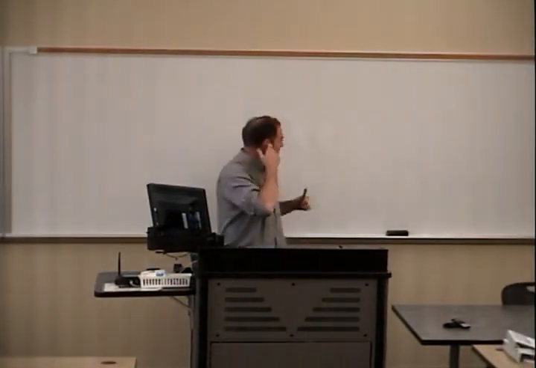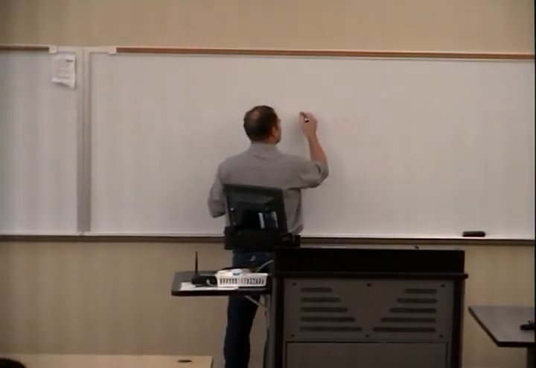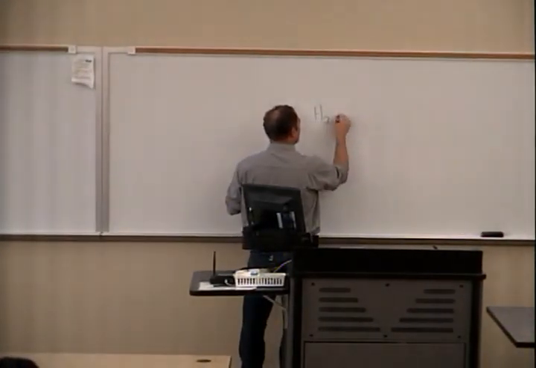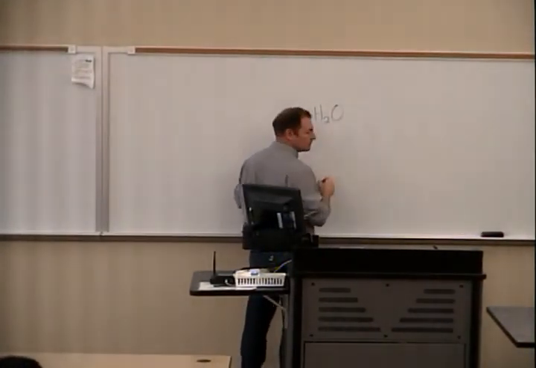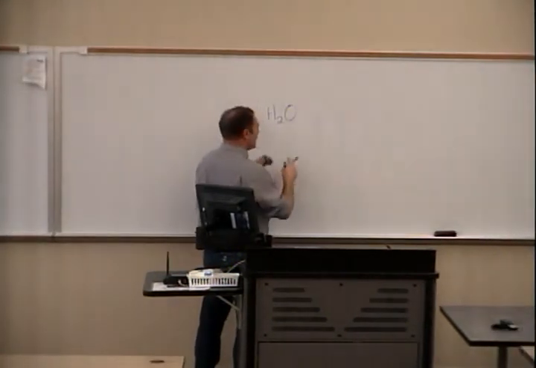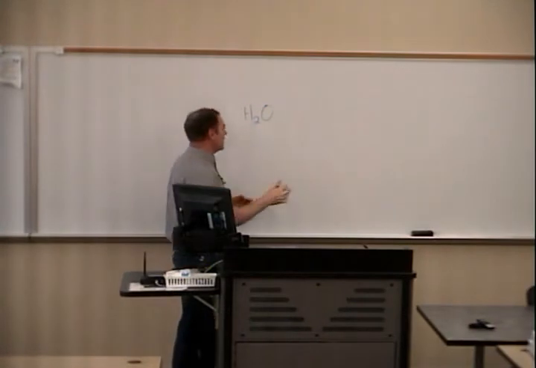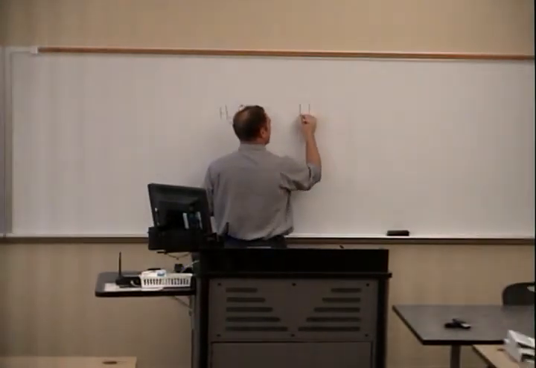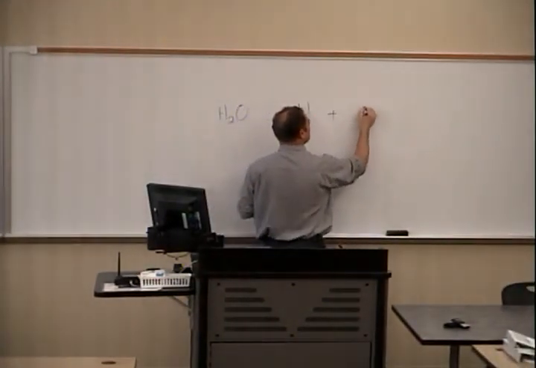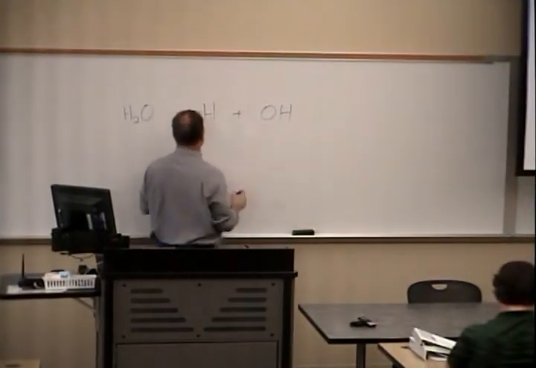Here's what happens: one of these water molecules is going to disassociate. Here's what I mean by that. I can take an H2O and I can break it apart into a hydrogen and an OH.